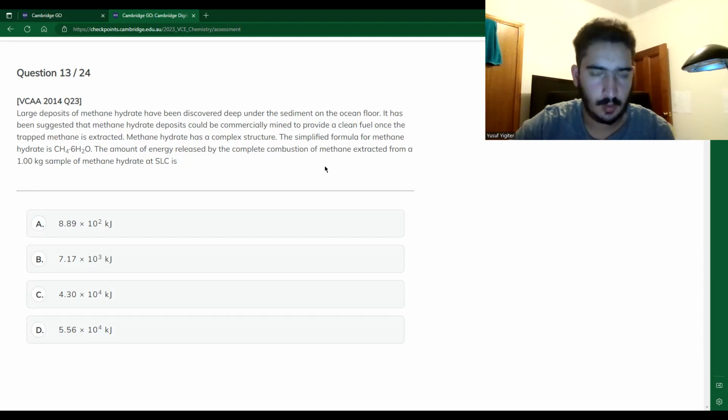Okay. So 12, 6 plus 16 plus 16, 1,000 divided by that, because that's going to be that much mole.